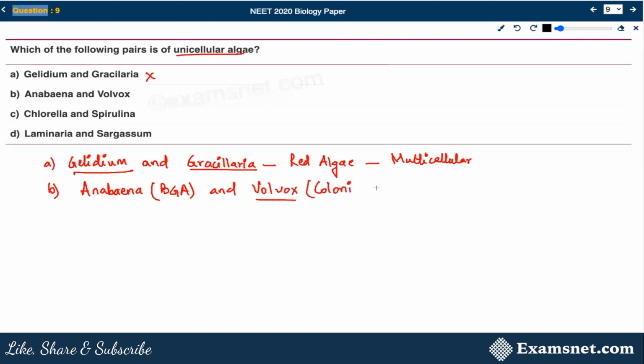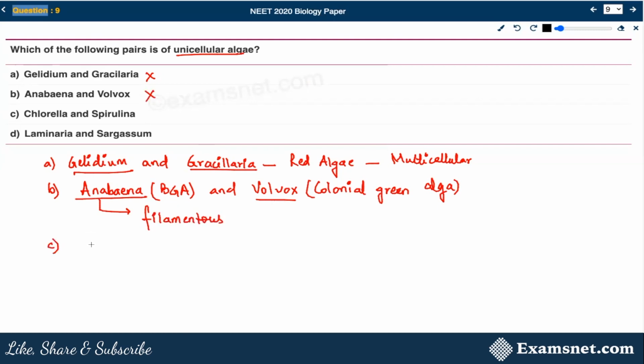So this is not unicellular, all right. Anabaena is actually filamentous, blue-green algae. So again, this is also not an option.